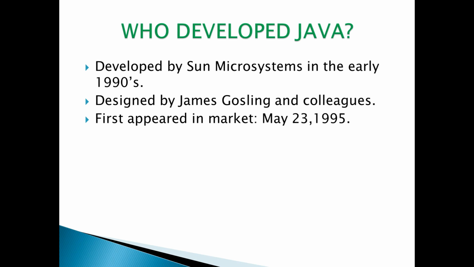They started to design this programming language in the early 1990s, and Sun Microsystems has now been acquired by Oracle. They released the programming language known as Java in the market on May 23, 1995. So this is how they began their journey with the Java programming language in the market.